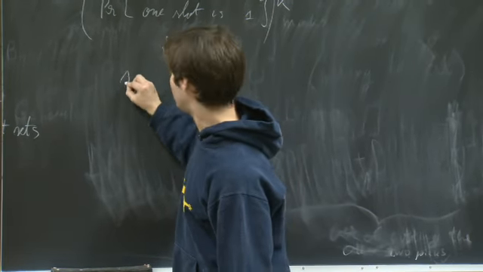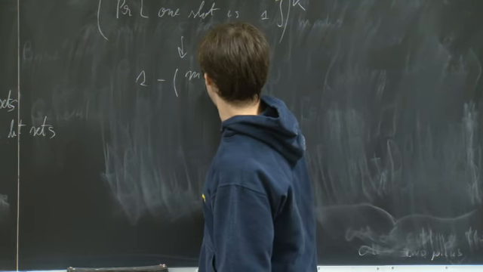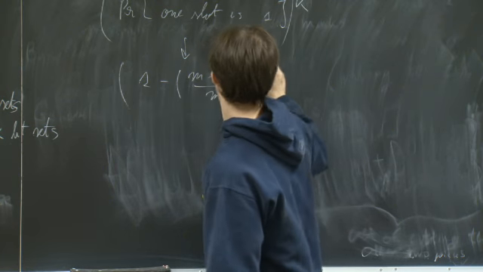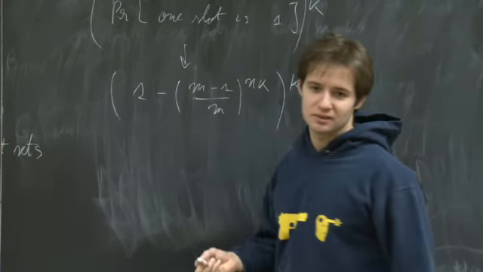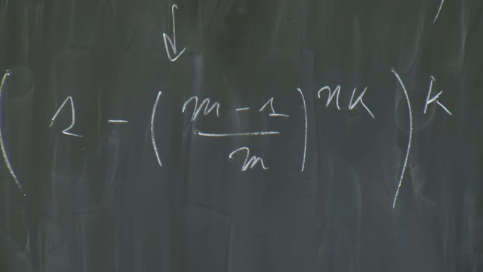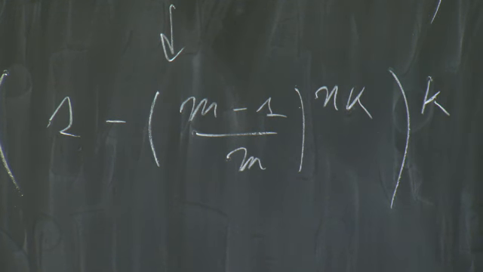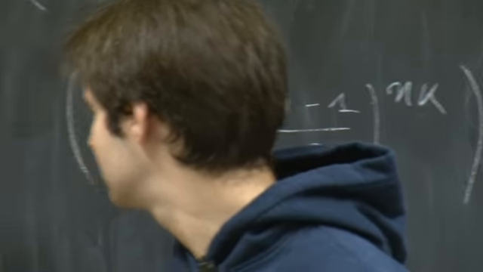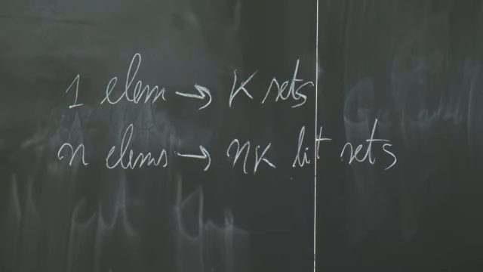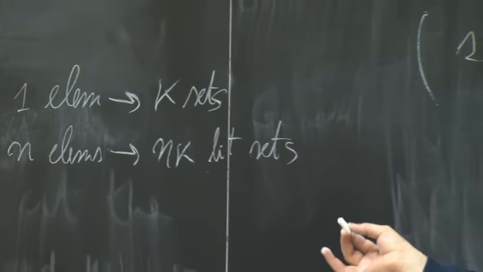So this is 1 minus (m minus 1 over m) to the nk. And of course, you should go through the whole thing in your head and convince yourselves that this is true. One element sets k bits in the table, not necessarily different bits, just independent bits.